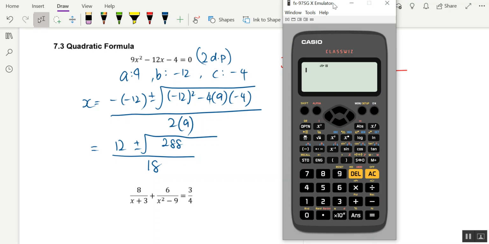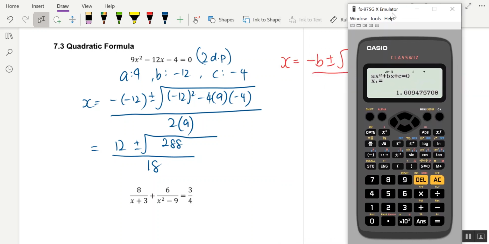For the Casio FX97, it is mode 5 2, and then the degree, what is the power, means 2, so it's mode 522 for Casio FX97 and mode 33 for Casio FX95, and you come to this screen. Put in your A, your A is 9 equal, your B is negative 12. Remember to put in the negative sign, and the C is negative 4. It will tell you your answer straight away.